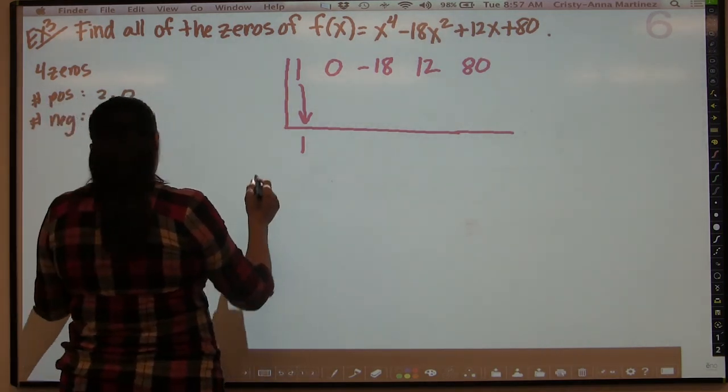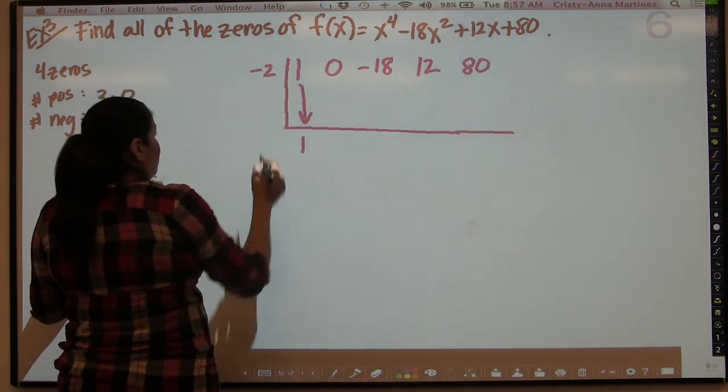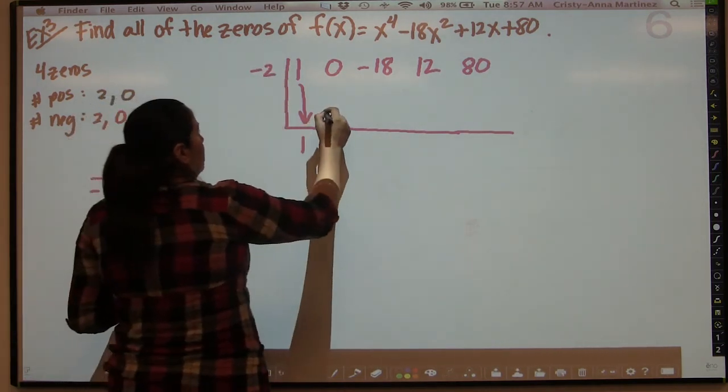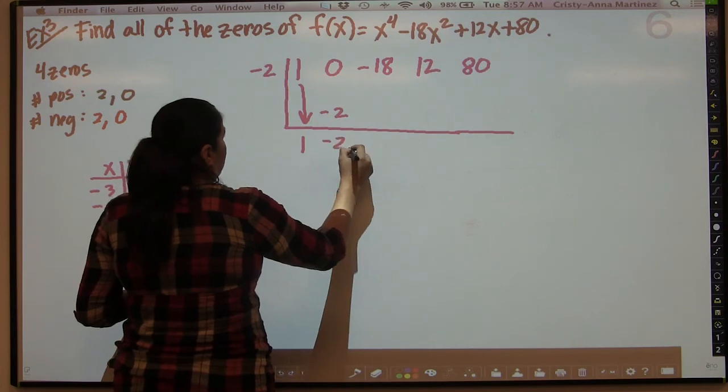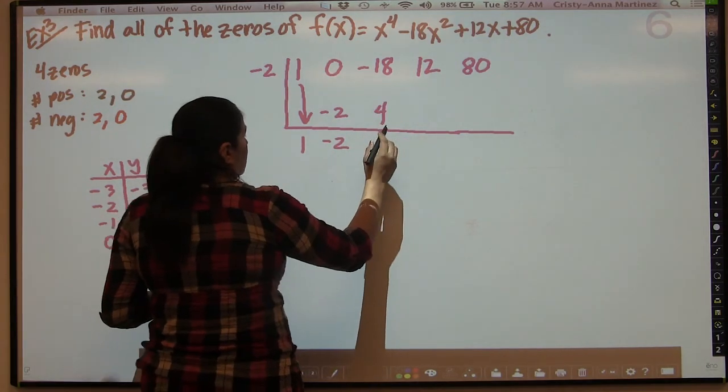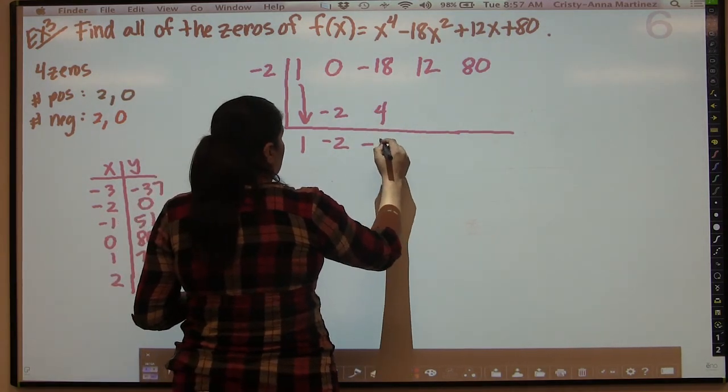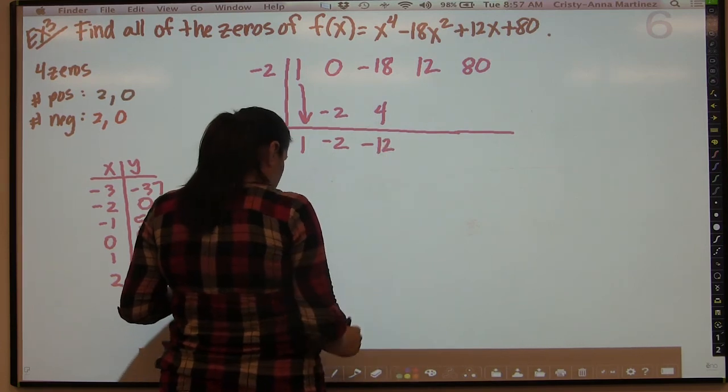So what I'm going to do is I'm going to go ahead and use synthetic division with the -2 because I know it's going to work. Sorry, wrong number there.